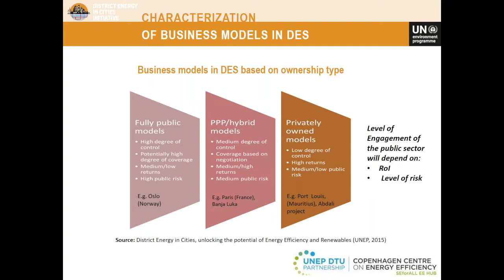These fully public models are commonly used in both consolidated and refurbishment projects or cities, and in a way they reflect the city's desire or degree of control over the provision of thermal and cooling energy. Successful cases of this model can be found, among others, in Oslo and Bergen in Norway.